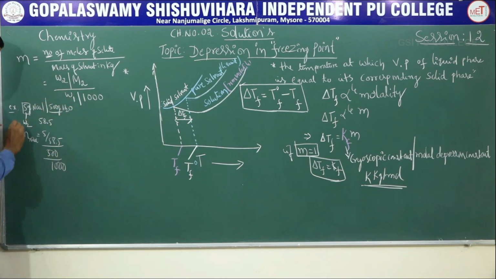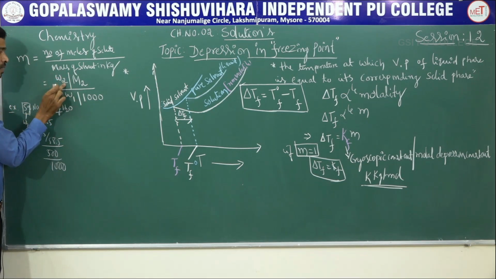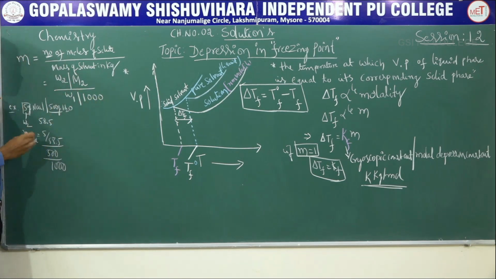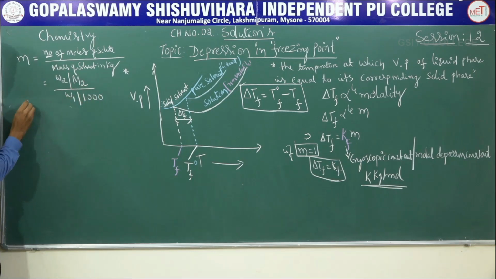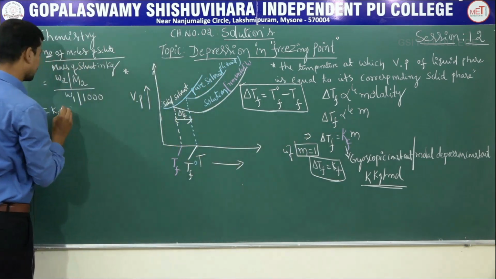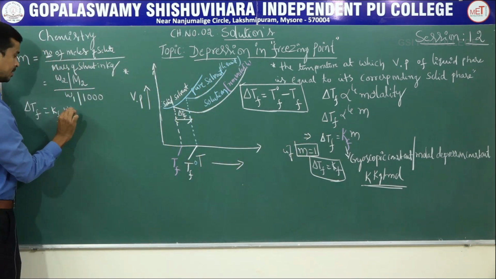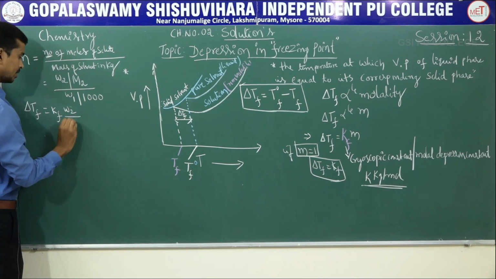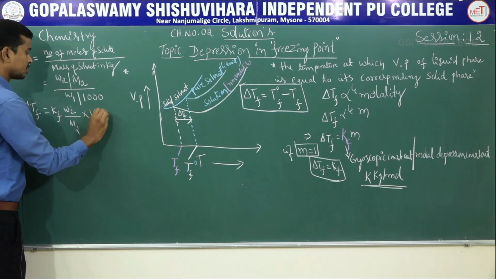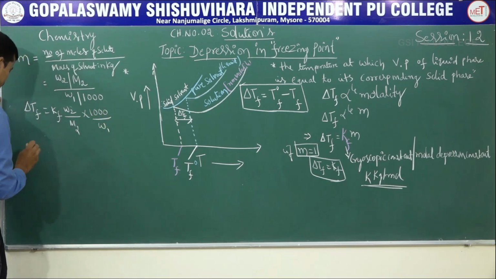Clear? This was a particular example. Let us consider a general expression: W2 gram of solute of molecular mass M2 is dissolved in 1 kg of solvent. Let us substitute the value of molality: delta Tf is equal to Kf into m, the molality, W2 divided by M2 into 1000 divided by W1.